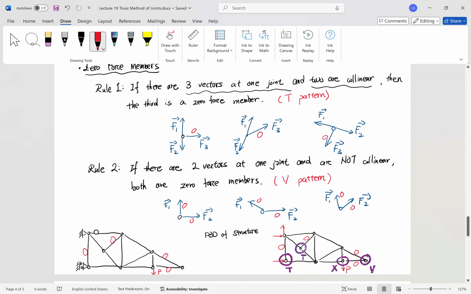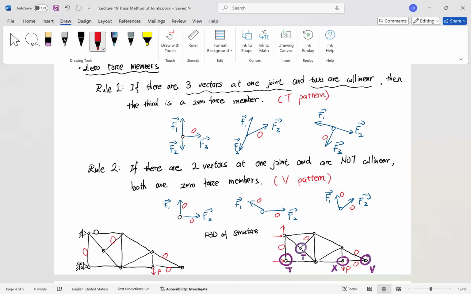So in the next class, I'm going to do a class demonstration to show you that although a zero force member has zero force, it is important to keep for the structural integrity, or that should be the structural stability. And right now, identifying zero force members is not only important to build your sense of structural engineering, but also good for problem solving here.